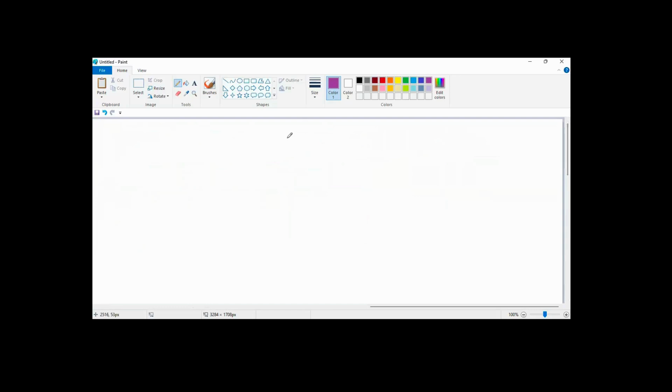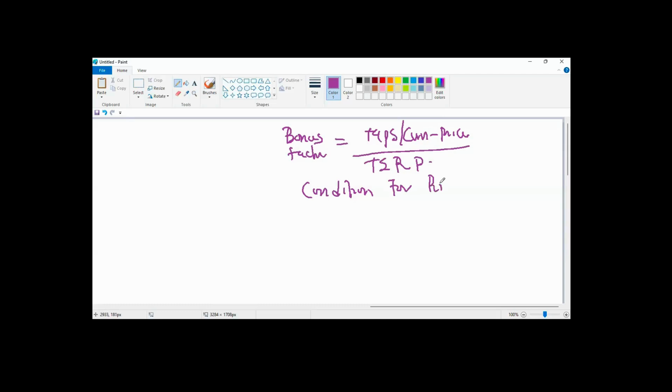Bonus factor. And the bonus factor equals market price per share over theoretical ex-rights price. Another name for the theoretical ex-rights price is the ex-rights price. But what is the condition first for the rights issue? Which is 2 for 3. So 3 is the existing share, 2 is the one they give us.